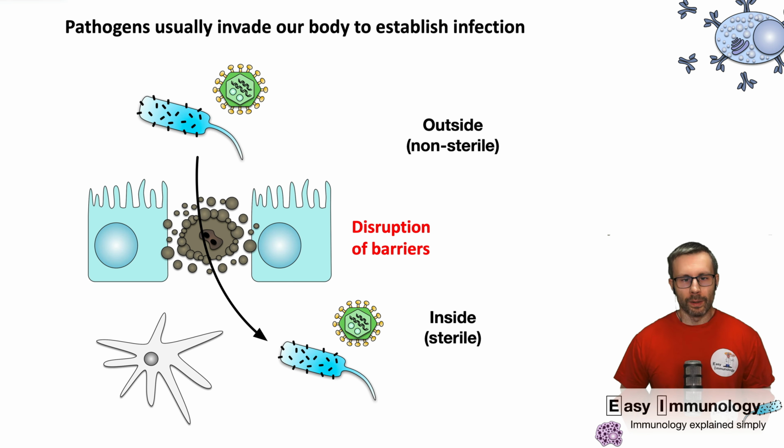And what now happens if you get infected is that either these pathogens destroy these epithelial cells and thereby invade your body, or the pathogens just get into your body because you have, for example, a wound that has nothing to do with an infection. Maybe you fell from your bike, you have a wound and you get some bacteria inside, and then this epithelial barrier, that's how we call it, is disrupted and the pathogens get inside your body.